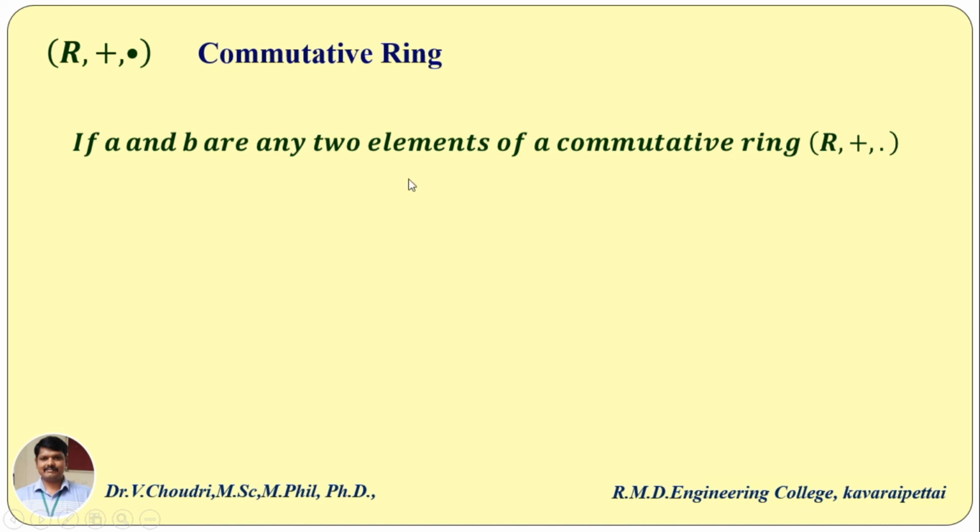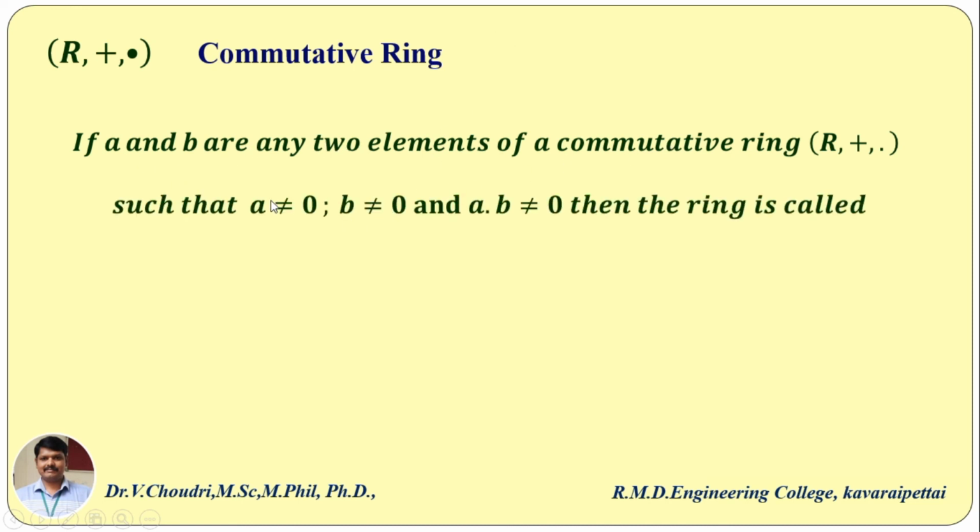Now in a commutative ring, for any two elements such that A is not equal to 0, B is not equal to 0, and A · B is not equal to 0, then the ring is called without zero divisors. So A not equal to 0, B not equal to 0, A · B equal to 0: zero divisors.